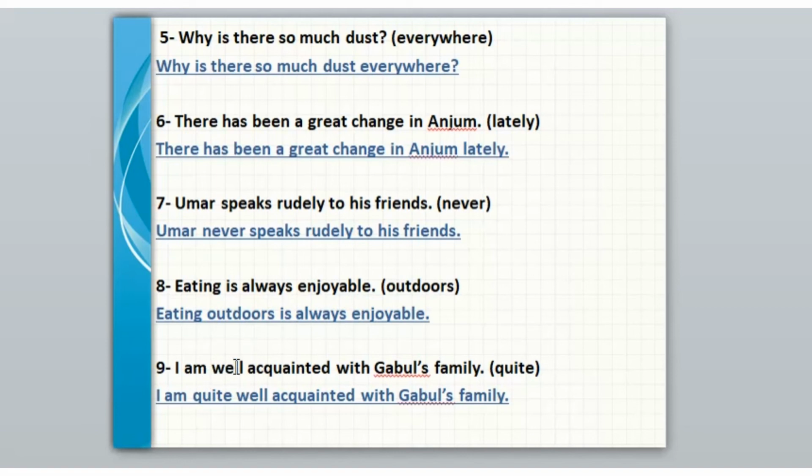So it should be close to it. So we will write it like this. I am quite well acquainted with Gabul's family. Acquainted means you get to know them. You know them very well, right? So clear? I will repeat the answer one more time. I am quite well acquainted with Gabul's family.